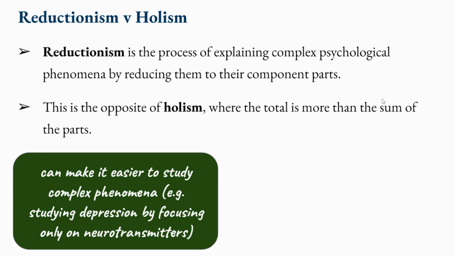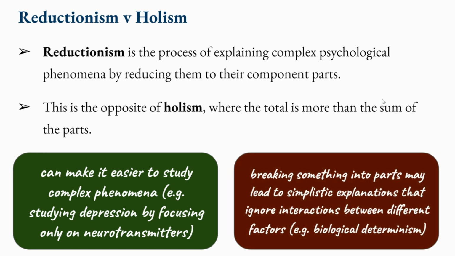It's a bit messier. It can be very difficult to see what impact something might be having because you're not controlling for everything else. However, it may be too simplistic. You may miss out on important interactions between those neurotransmitters and something else, like the behaviors that people are engaging in, or something along those lines.